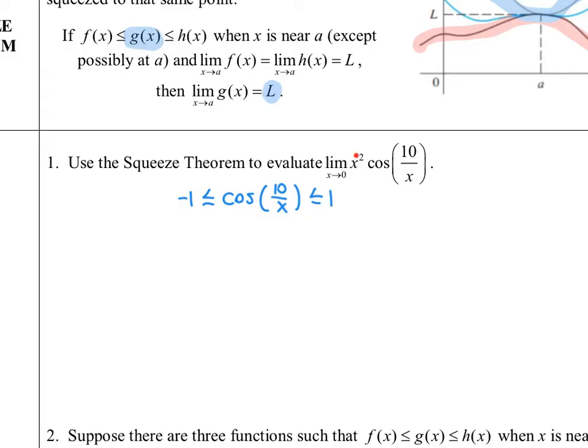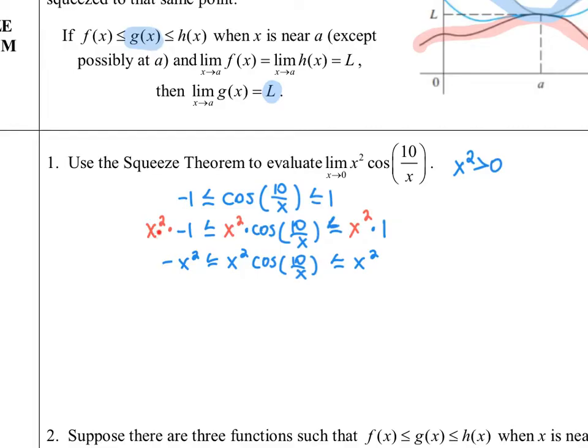It's important to note that x squared, no matter what my value of x is, whether positive or negative, will be greater than 0. It will be a positive number. What that means is when I multiply the three parts of this inequality by x squared, it's not going to switch around these inequality signs because I'm just multiplying by a positive number.